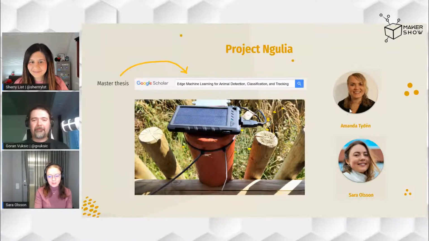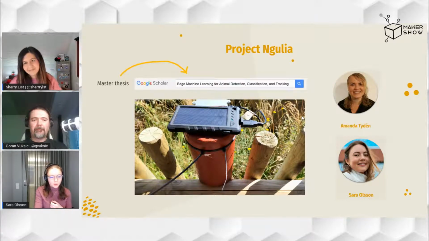Along with my friend Amanda, who also had knowledge and interest in cameras and image processing, we got in contact with a research project where sensors were used to protect rhinoceros from poaching. This is the title of our paper. For those interested, we have about 40+ pages about machine learning for animal detection, classification, and tracking.